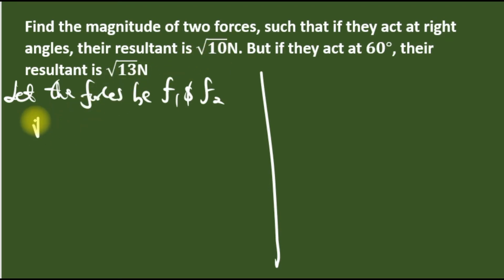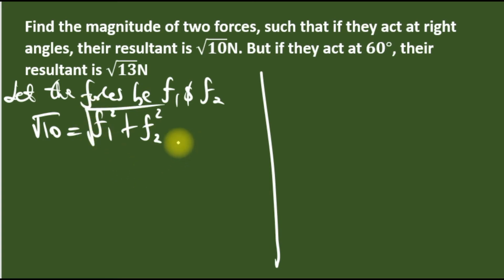So we have root 10 equals the square root of F1 squared plus F2 squared, which implies that 10 is just F1 squared plus F2 squared. So that's the first equation, equation 1.